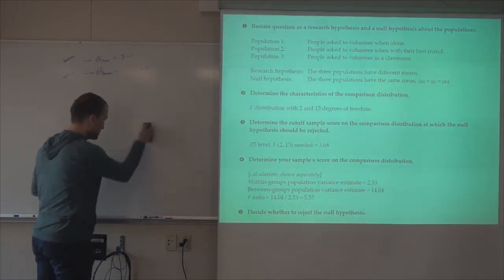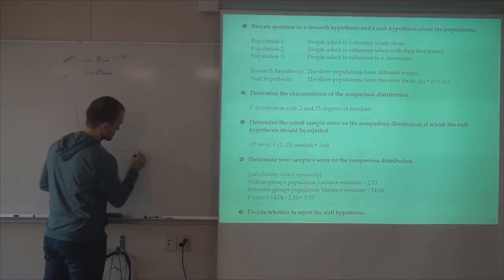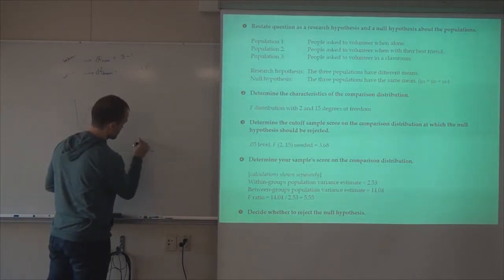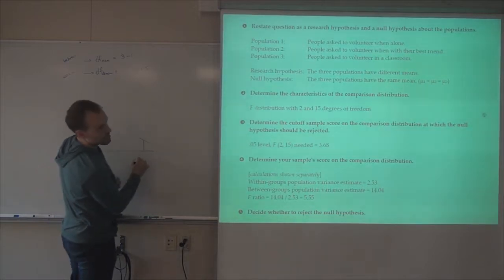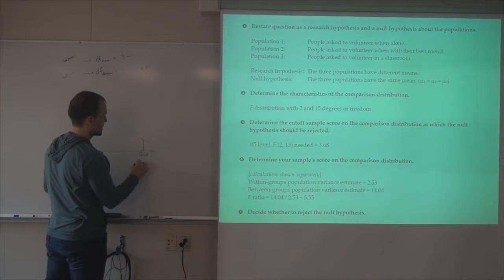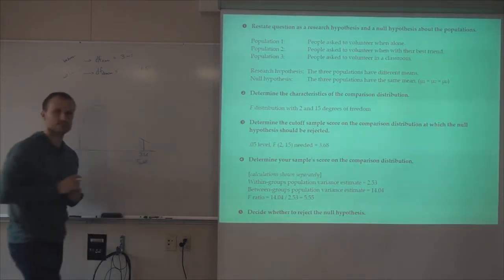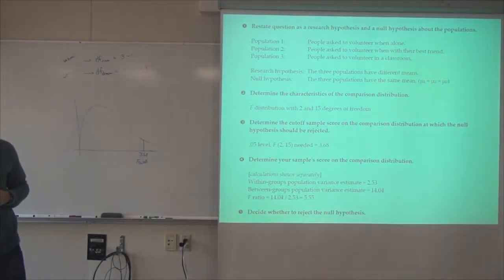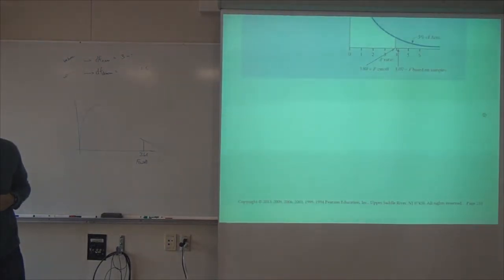Pretend that's a straight line. 3.68 for the F cutoff. Now let's go and see what my observed ratio is.